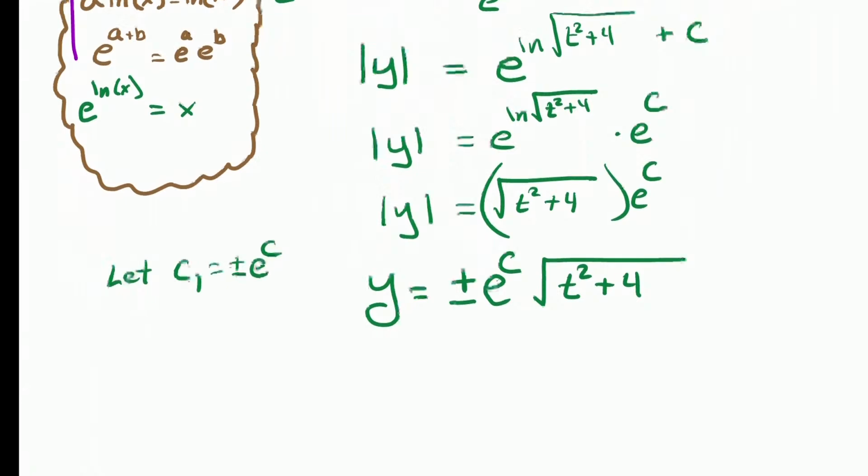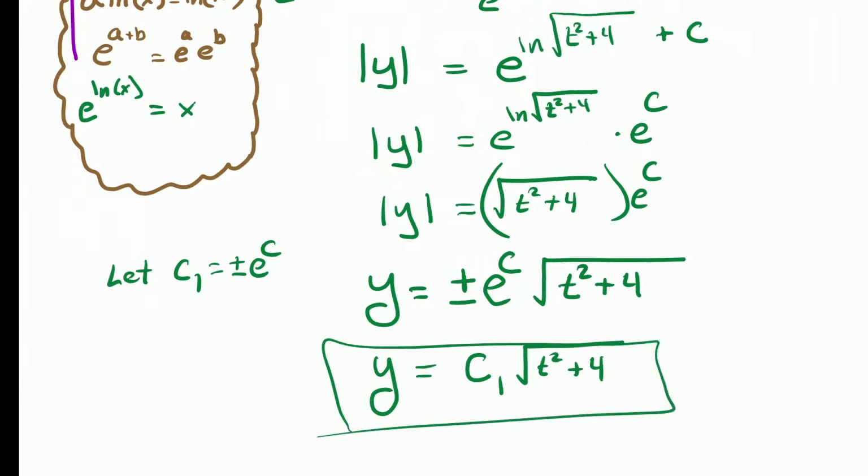So whatever your constant is, I'm going to get basically the same thing. It's just mine is going to look prettier. So these are the same because this whole thing is a constant, and this is just renaming that constant. There it is. So there's my general solution. Beautiful, isn't it?